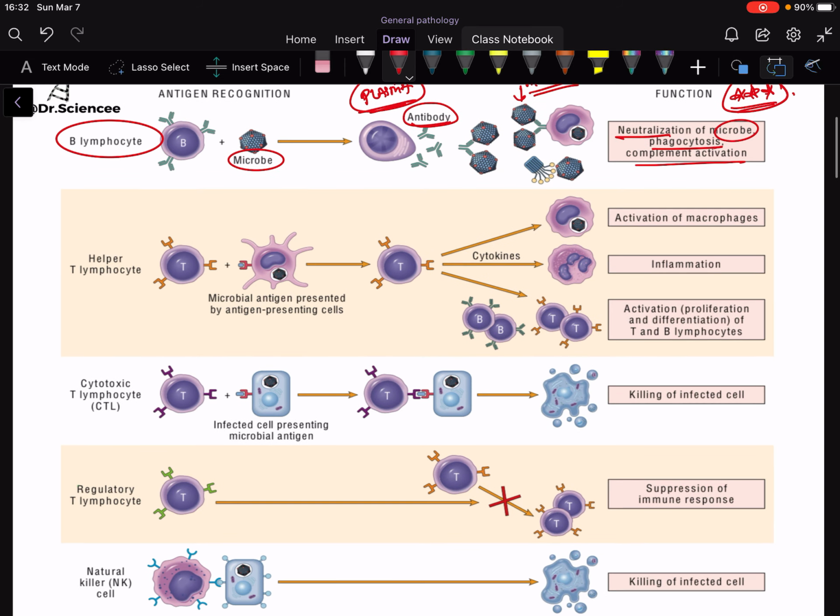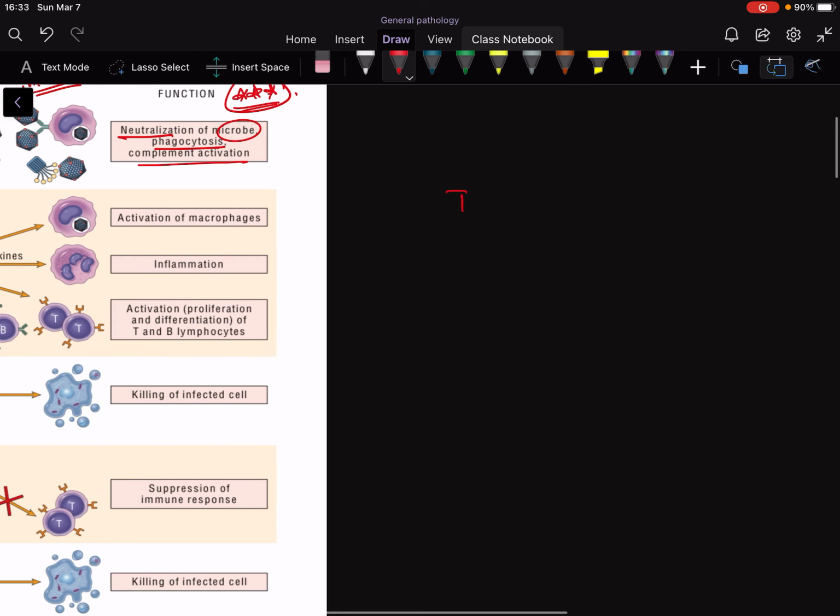Okay, next we have T helper cells. B lymphocytes in the presence of T helper cells here get converted into plasma cells, as you can see. Not only that, there are different types of T helper cells: T helper 1, T helper 2, and T helper 17.